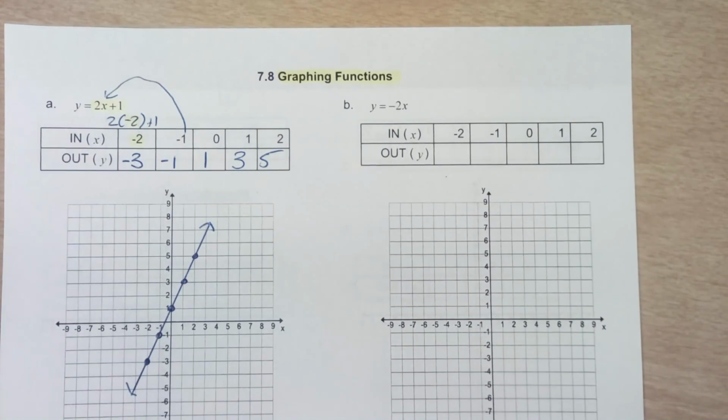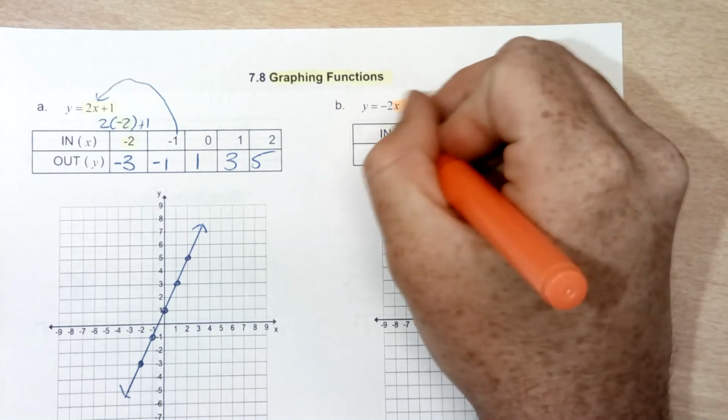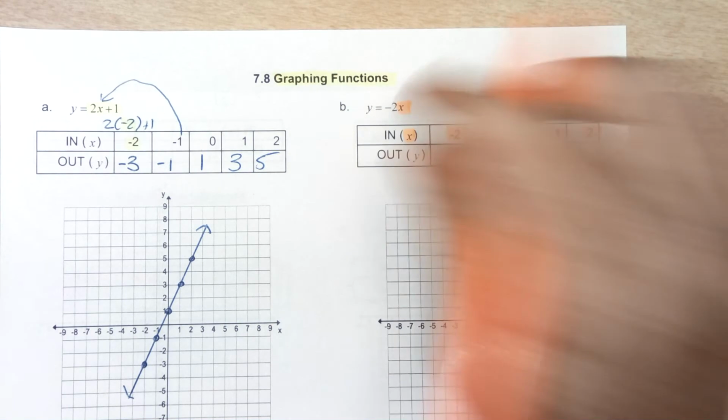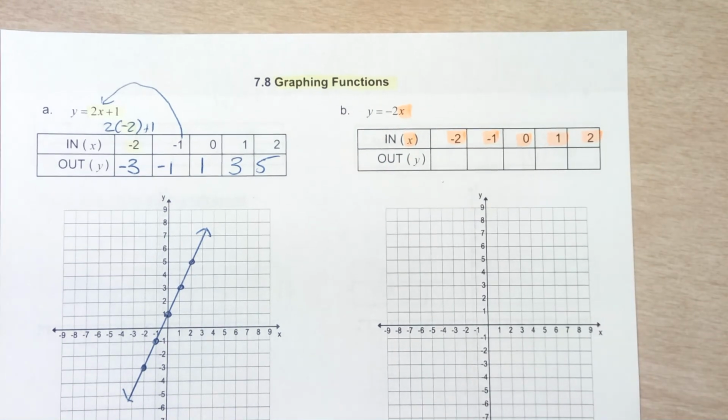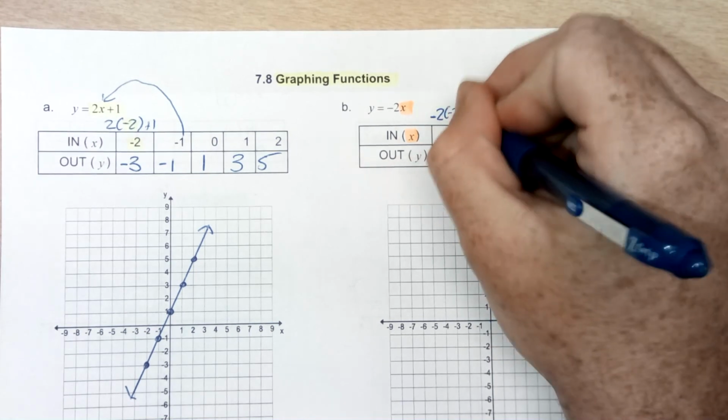So again, I'm going to sub in my x values for x. So I'm going to highlight my x in orange. And then we're highlighting all of these. So we're inputting all of these numbers into this equation for x. So first, I would have negative 2 times negative 2, right?